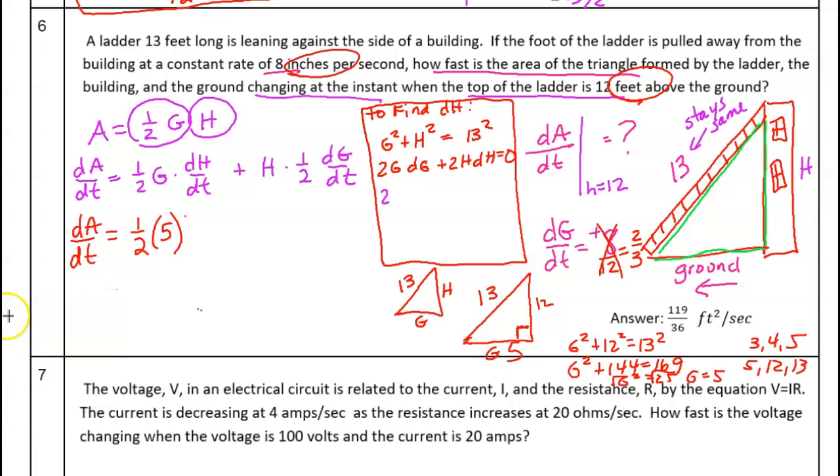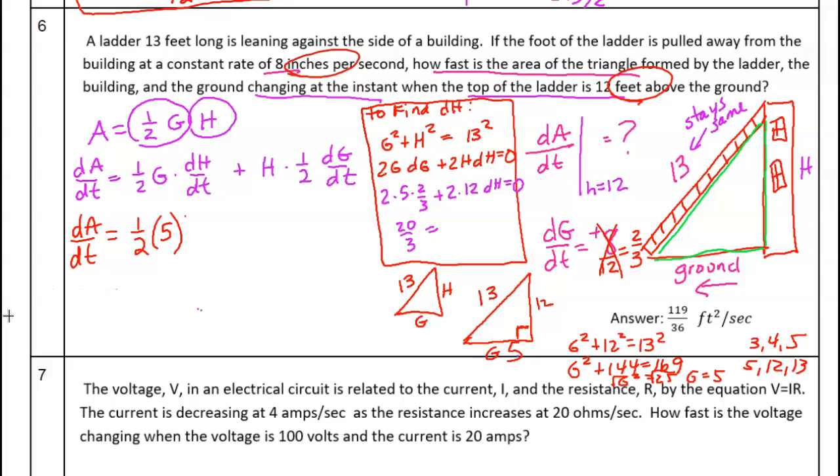Then I can plug in. So I know g is now 5. I know dg is 2/3. H was 12. And I don't know dh. But now see how that's my only unknown. So what do we get? 10, 20, so 20/3.